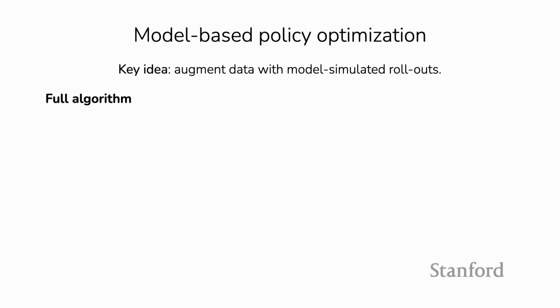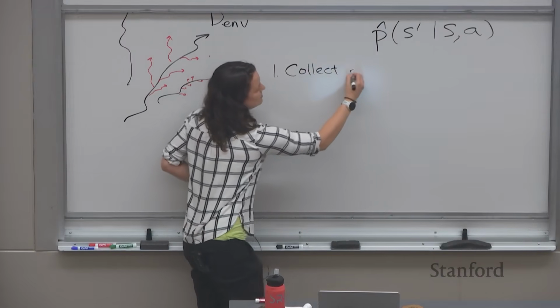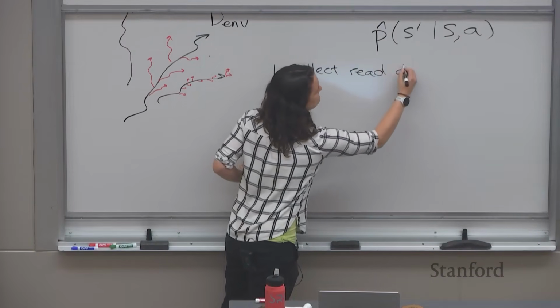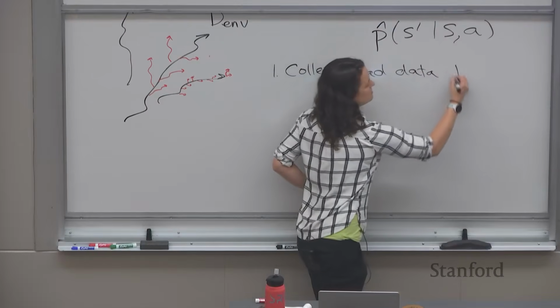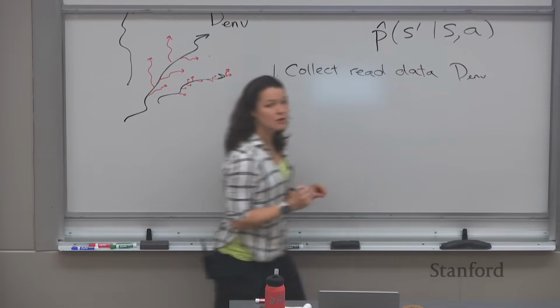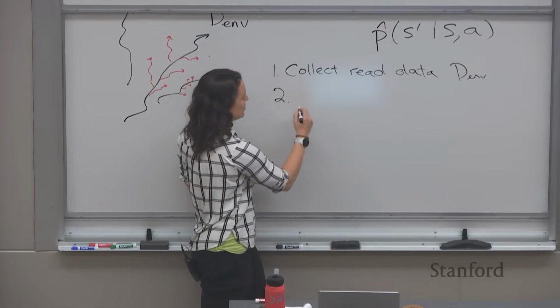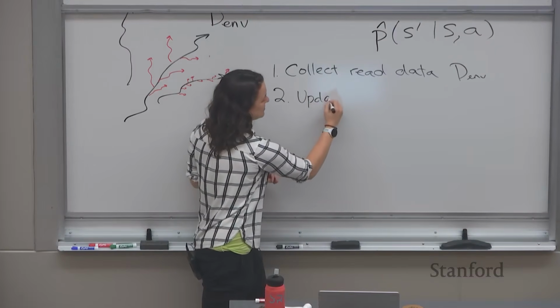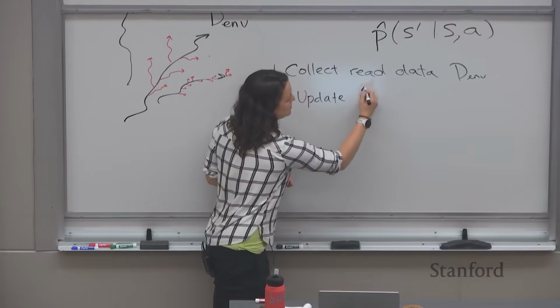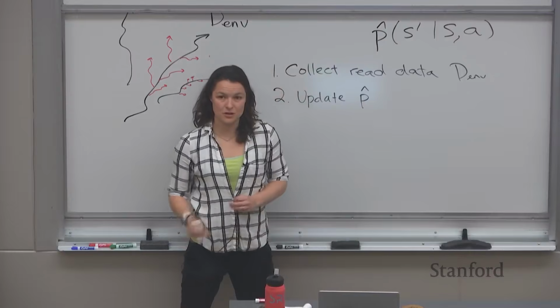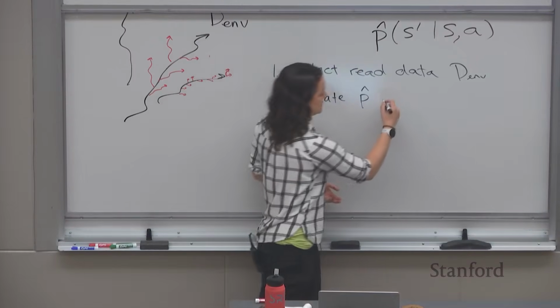So what the full algorithm looks like is you will first collect real data. We can call this D_n, like before. And then we will want to update our model using the real data so that our model is as accurate as it can be.